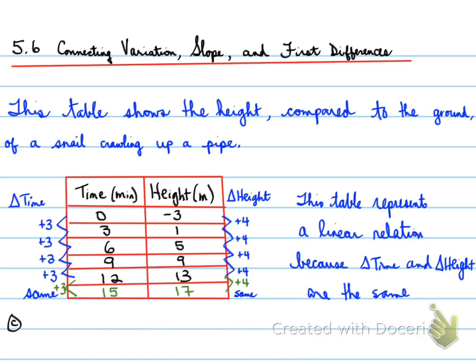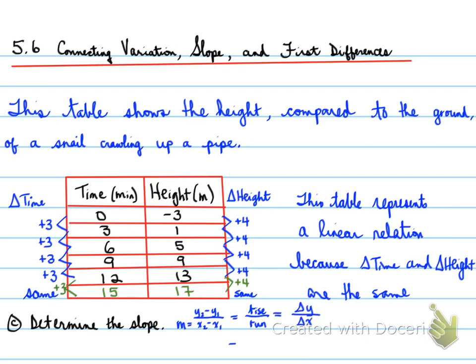Part C is determine the slope. So we need to determine the slope of this particular table. Because it's a linear relation, we can determine the slope. That is, slope is equal to y2 minus y1 over x2 minus x1, or another way that we learned it was rise over run, and another way we learned that was delta y over delta x.